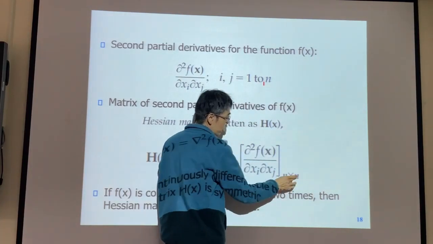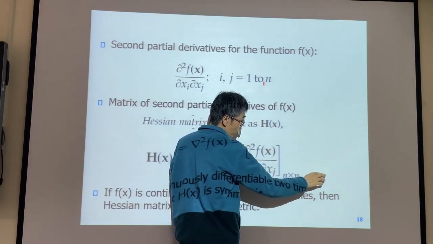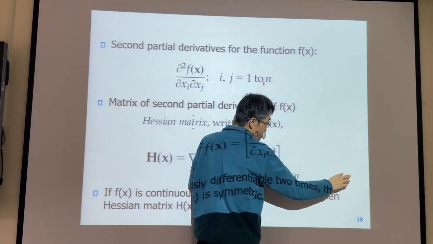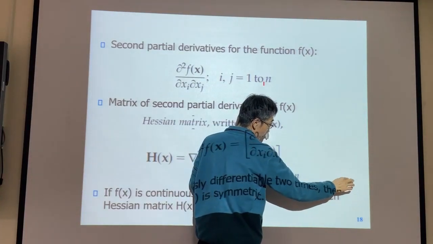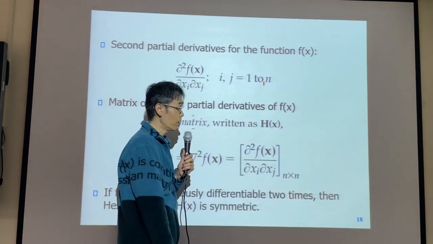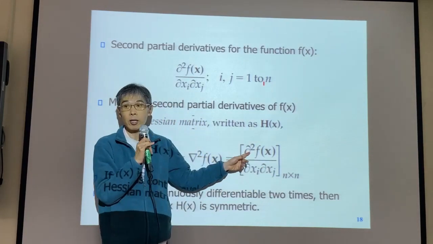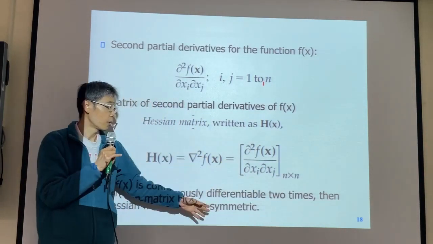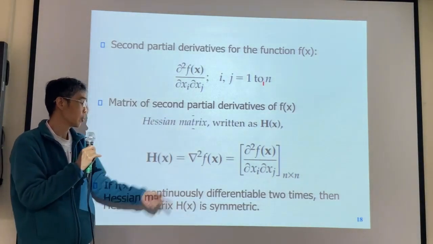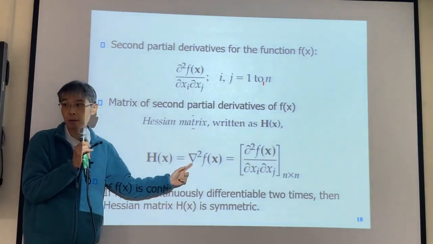The third row: partial f, partial x3, x1, partial f, partial x3, partial x2, partial f, partial x3, partial x3. So this is a 3 by 3 matrix. Second differentiation. We call this matrix the Hessian matrix, H(x). This is the symbol for the Hessian matrix.